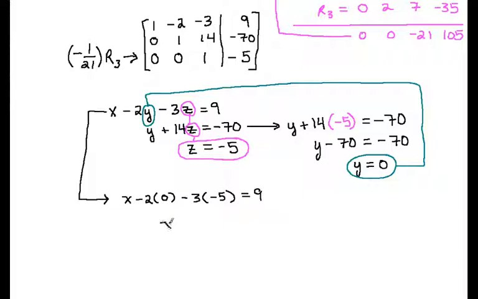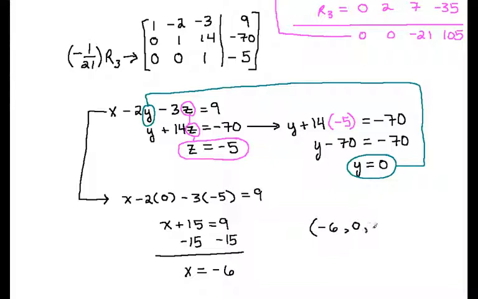This becomes x plus 15 equals 9, which when we subtract 15 from both sides, we can see that this becomes x equals negative 6. So our solution to this system of equations is the ordered triple negative 6, 0, negative 5. What that means is that if I were to plug in these values for x, y, and z into all three equations, they should be satisfied.